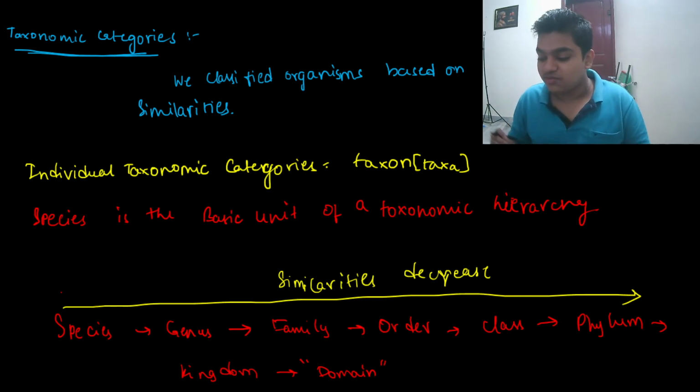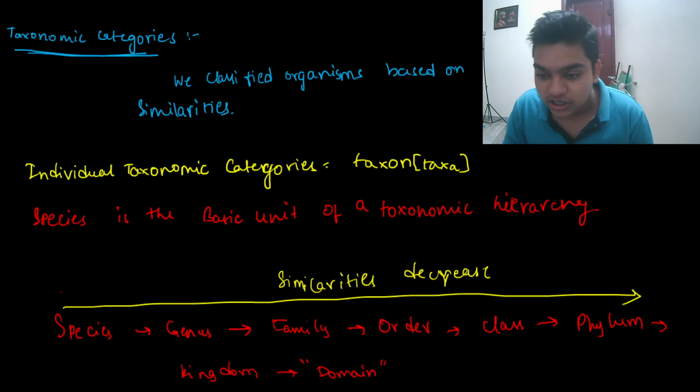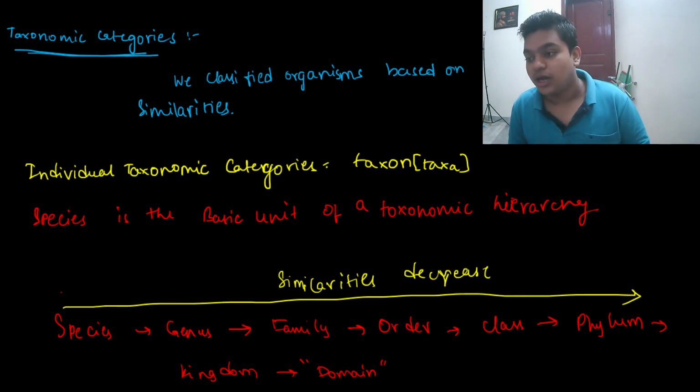But for the biological names, please read your NCERT. That is a must. After my lecture, you go and read your NCERT. You have to be habituated to those biological names, otherwise it would be difficult.